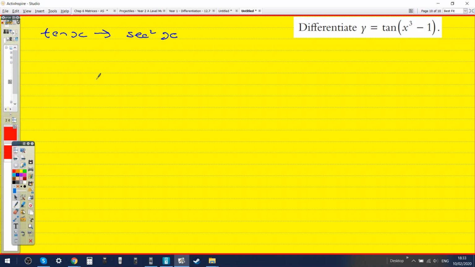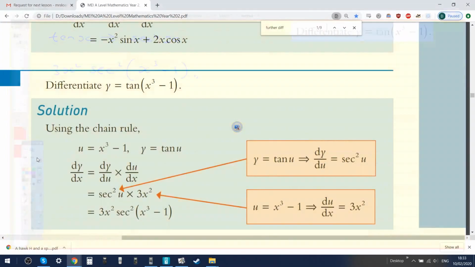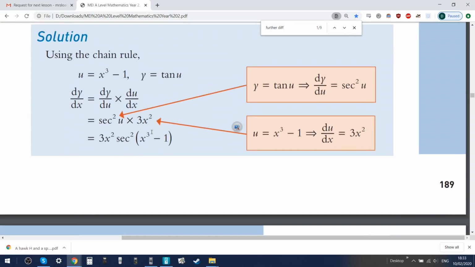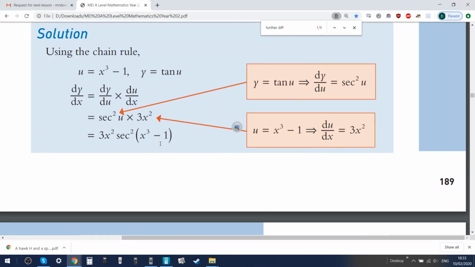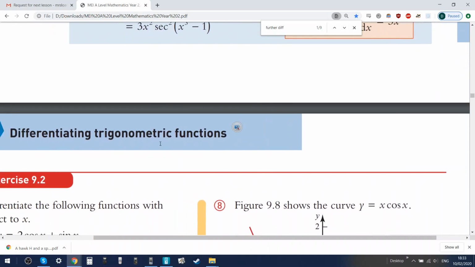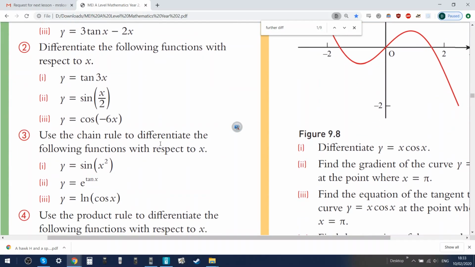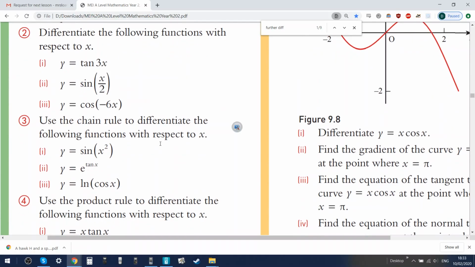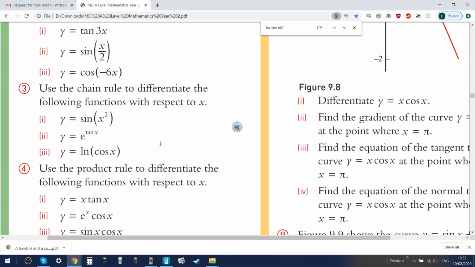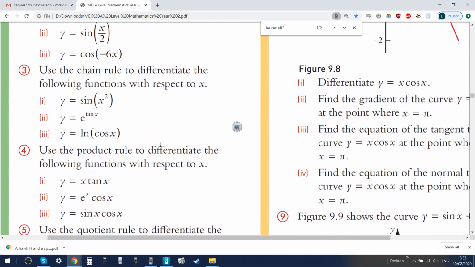And is that simplest? Well, 3x squared sec squared of x cubed minus 1, that sounds good. Okay, trig. So tan, they give you that sec squared one. Sine, cos.